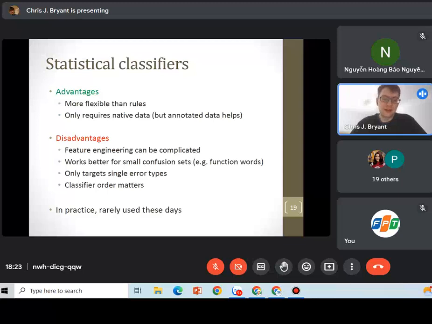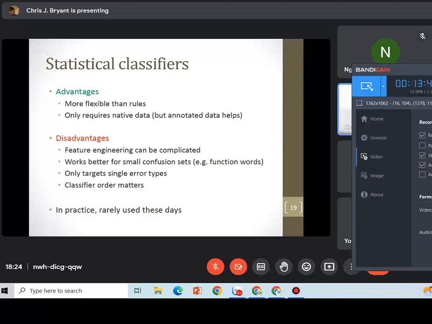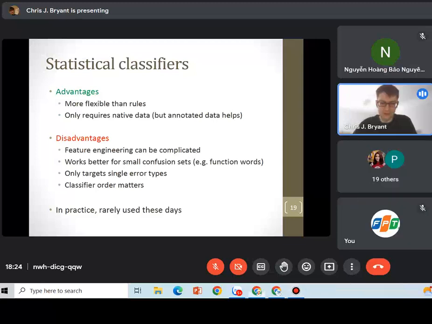But also each classifier only targets a single error type. So you would build one for determiners, one for prepositions, one for verb forms. And then like rules, we get the problem that classifier order matters. So if you correct all the verb forms first, and then the determiners and the prepositions, you're going to get different output than if you correct prepositions first, and then determiners, and then verb forms, which can be a bit of a problem because ideally we'd want everything to be consistent.